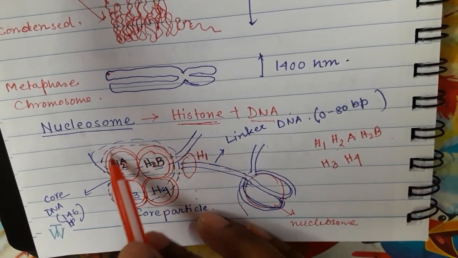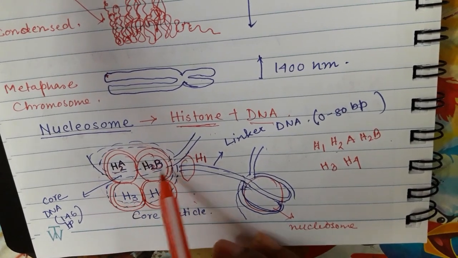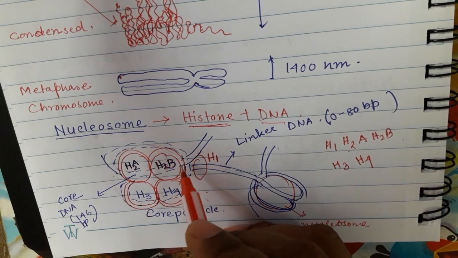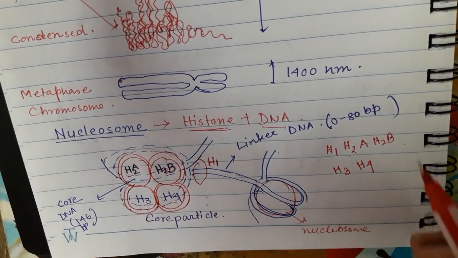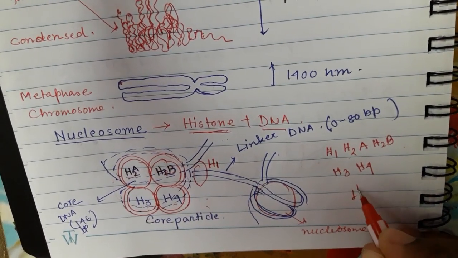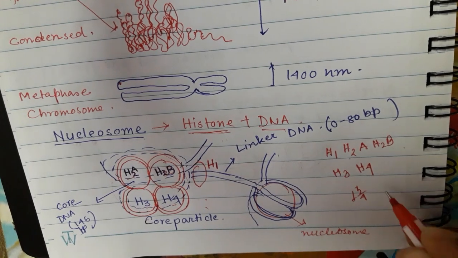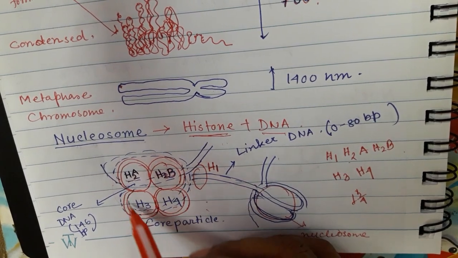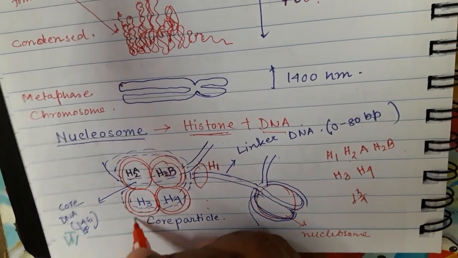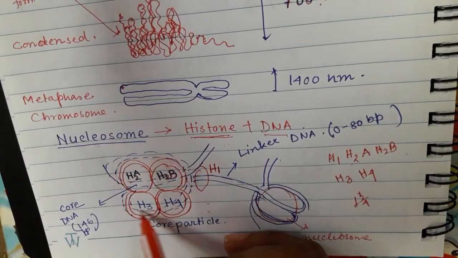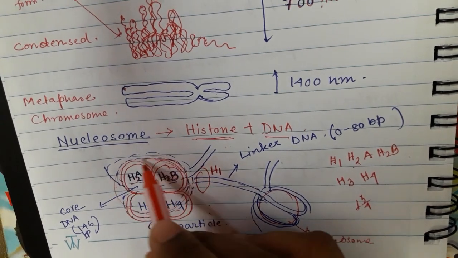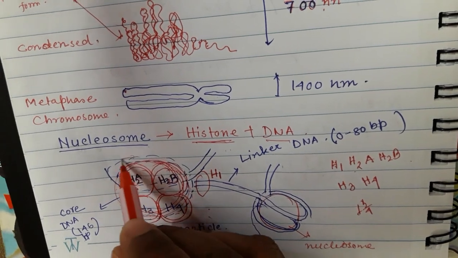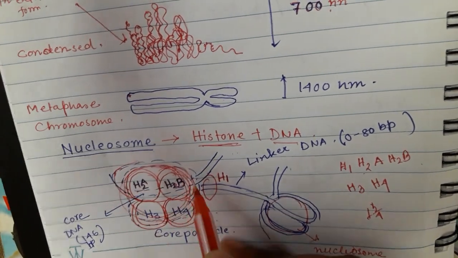This octamer is coiled by a DNA duplex, which goes around it 1 and 3/4 times. This part of DNA is known as core DNA, and this octamer forms the core particle. This core DNA is coiled around the nucleosome.